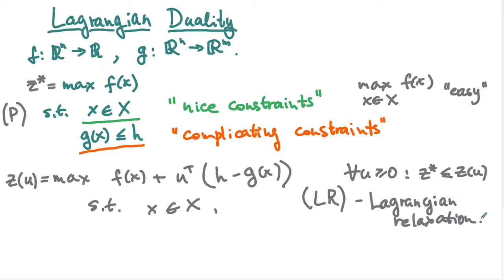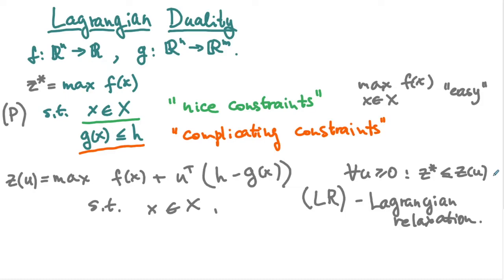So clearly it's going to be a relaxation because we have this bound on the objective, so anytime you have a feasible solution x for the original problem, h minus g of x is supposed to be greater than or equal to 0 according to the complicating constraint, and then we multiply this by non-negative multiplier u. Therefore clearly we have this bound right here, okay?